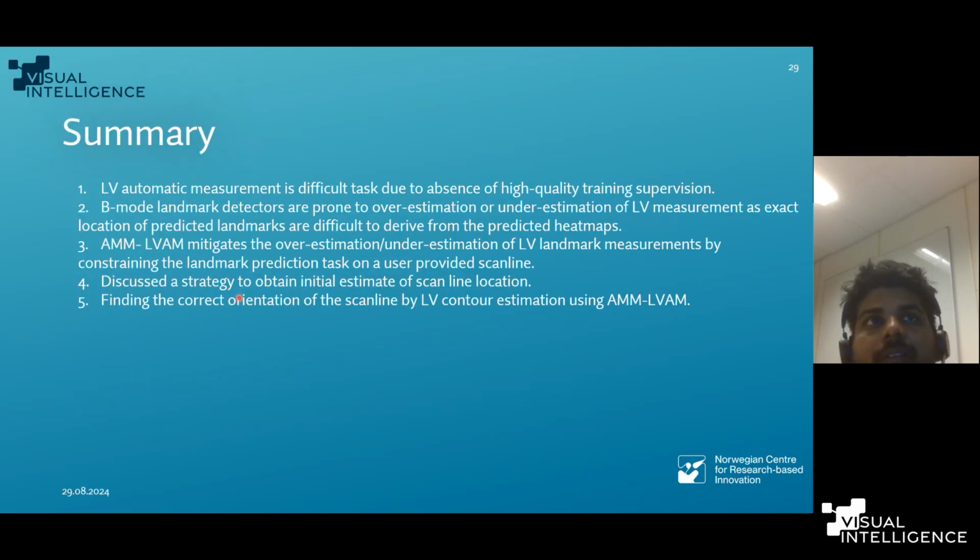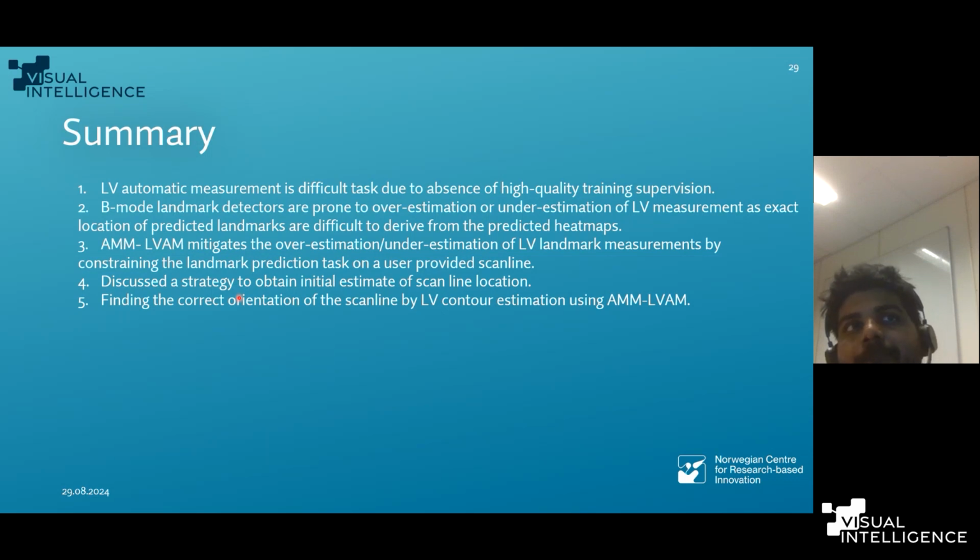LV landmark measurements. So in summary, we discussed that this left ventricle automatic measurement task is difficult because of the absence of high quality training data and supervision. We saw that if we just use fully automatic landmark detectors, they often give overestimation or underestimation of left ventricle measurements.